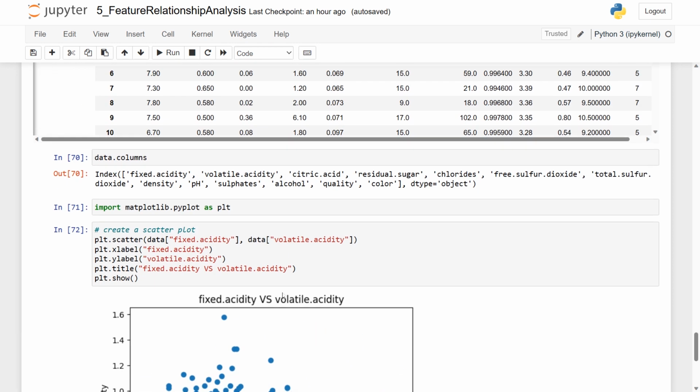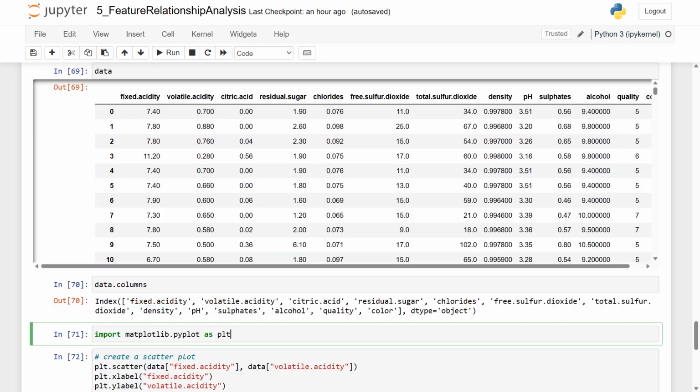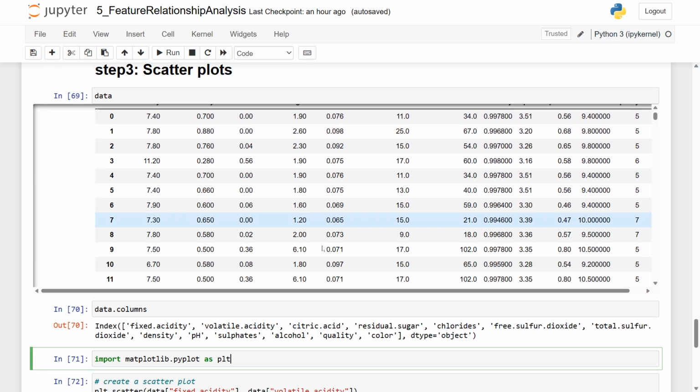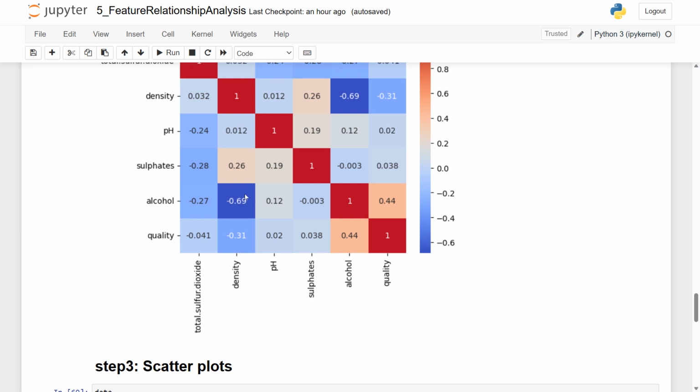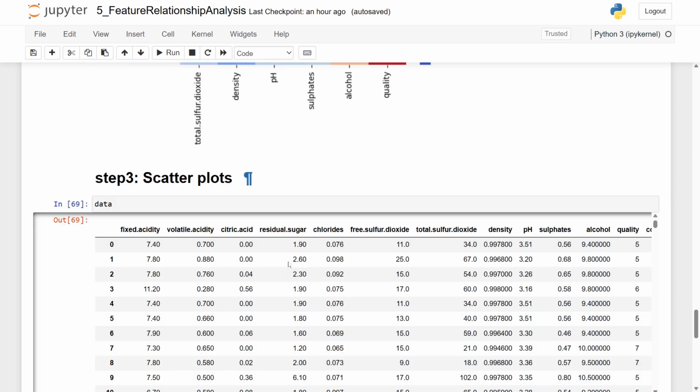So similarly, let's do it for others. Let me try to find out. Okay, we got minus 0.69 between alcohol and density. Let me do that. Alcohol and density.